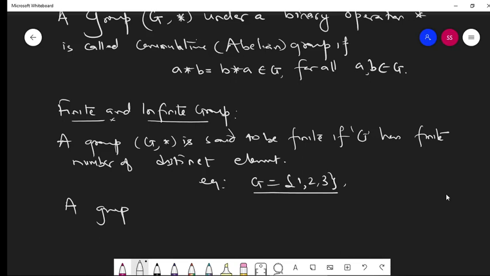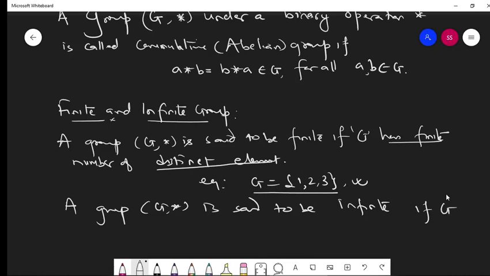Now the second part: a group G asterisk is said to be infinite if G has an infinite number of distinct elements.